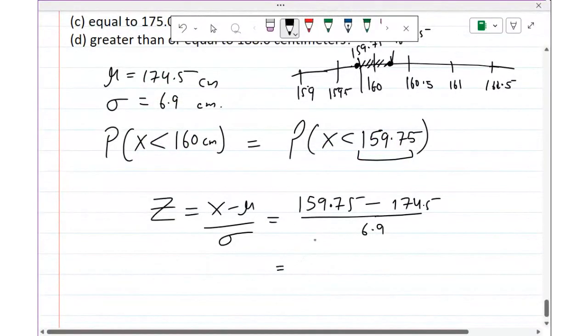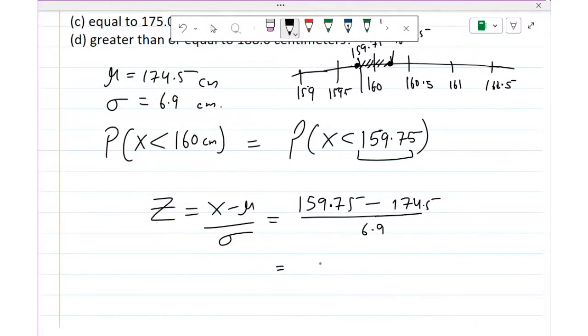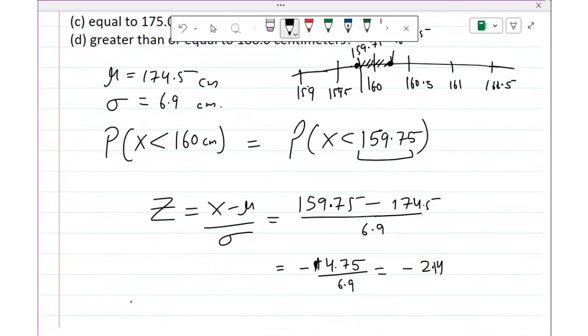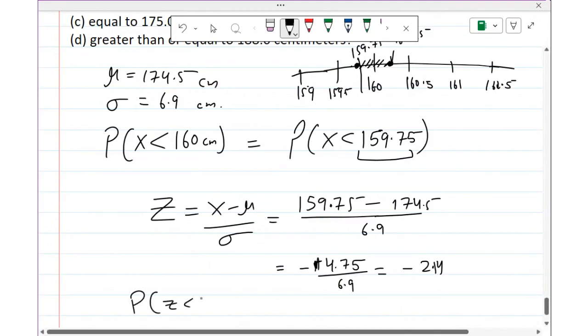So what will it be? This comes out to be minus 14.75 divided by 6.9, which is minus 2.14. Good. So we have to find the probability that Z is less than minus 2.14.